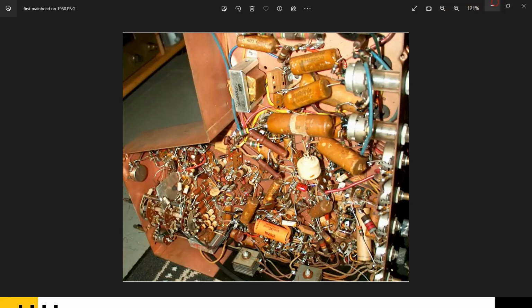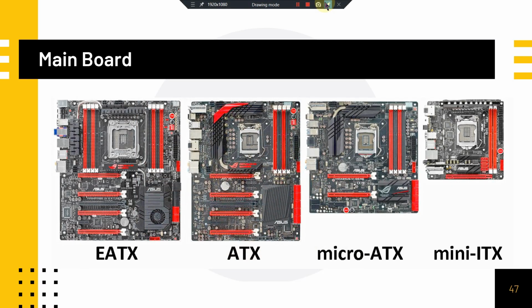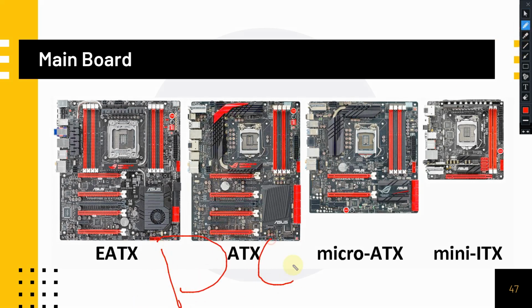They all belong to PCB. Let me just write it here. PCB stands for printed circuit board. Printed circuit boards are the technology that makes possible the modern stuff that we have, the computers we are using.